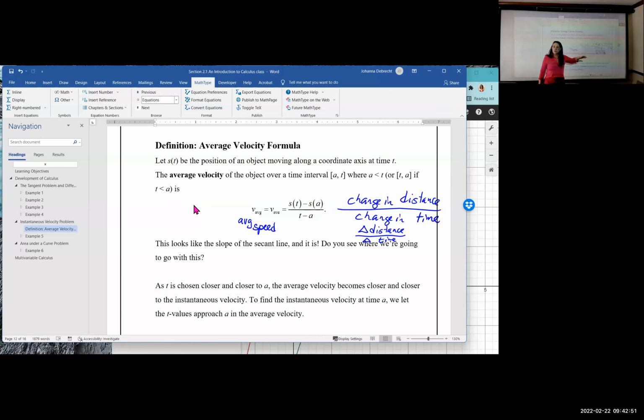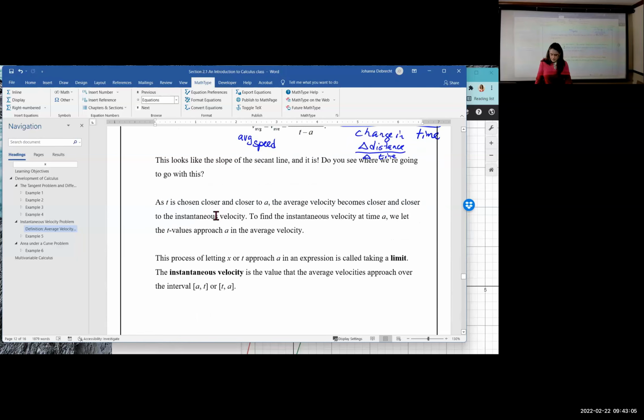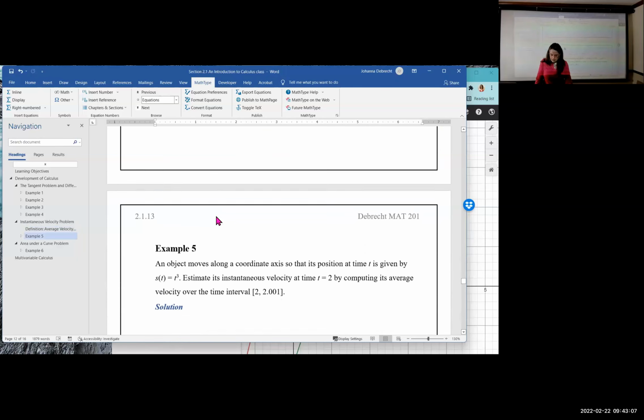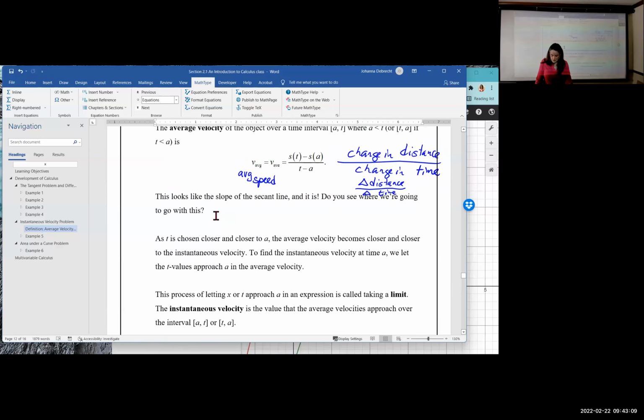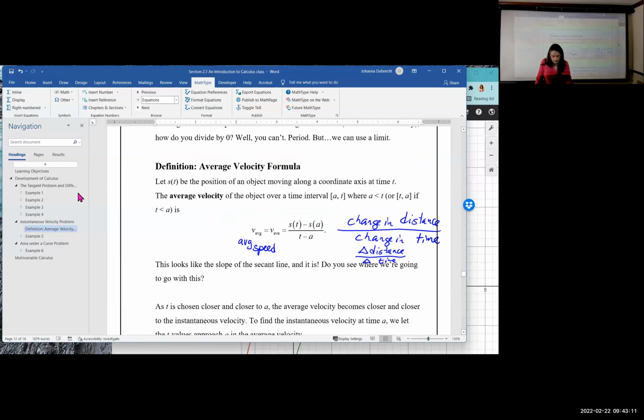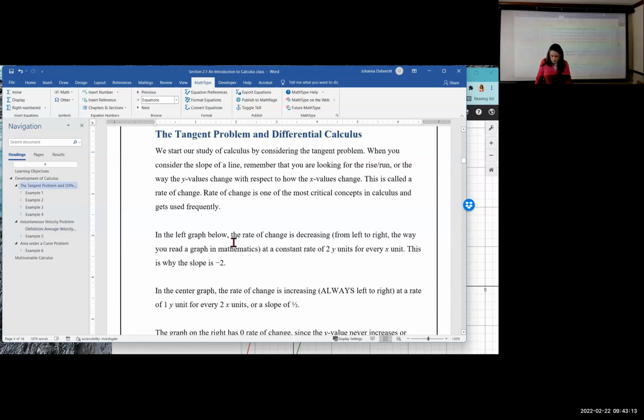All right. So you take your entire trip from the beginning to the end, you connect the beginning to the end, that forms a secant line. And then you divide the change in the distance by the change in the time. And that's the slope of the secant line. The problem is instantaneous velocity. So let me take a look at one of the pictures.